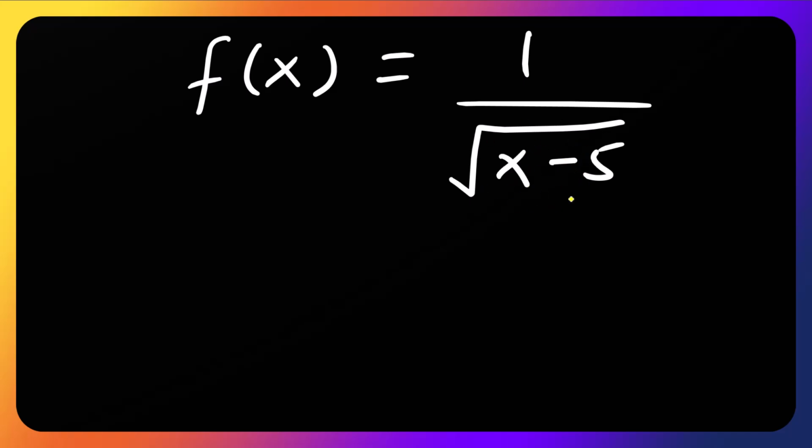If the denominator is 0, everything will be undefined. So if it is a fraction, we have two points here. One, if the denominator is 0, it will be undefined.